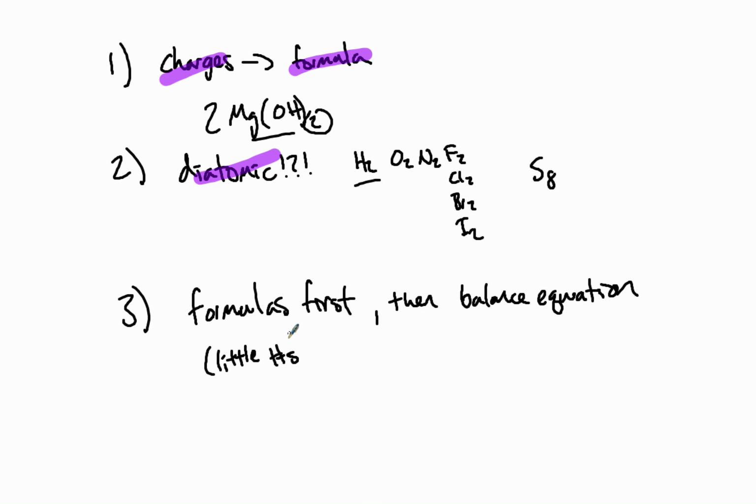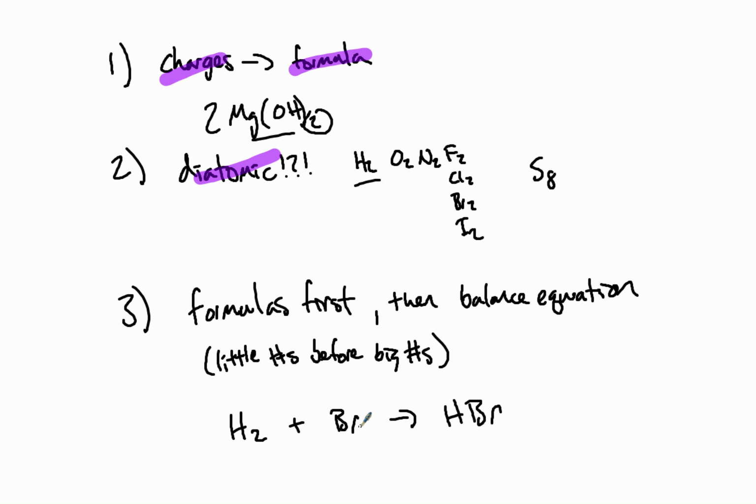So if I say little numbers before big numbers, I mean when we write out an equation, when I tell you hydrogen plus bromine can synthesize hydrobromic acid, right? This already looks like it's balanced, but that's because I forgot to put this little 2 on this hydrogen.